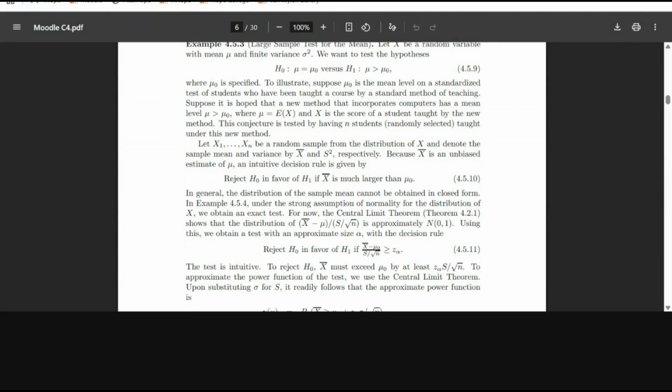Yeah. Basically, if you choose the right significance, and now you would reject it if it's less than that.